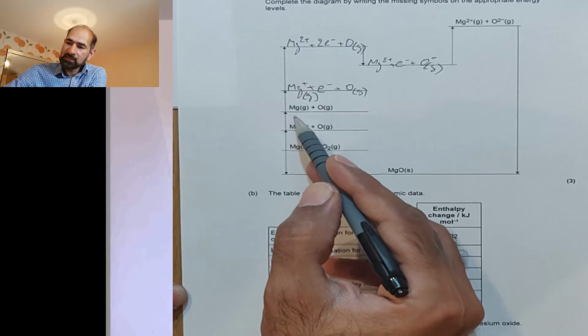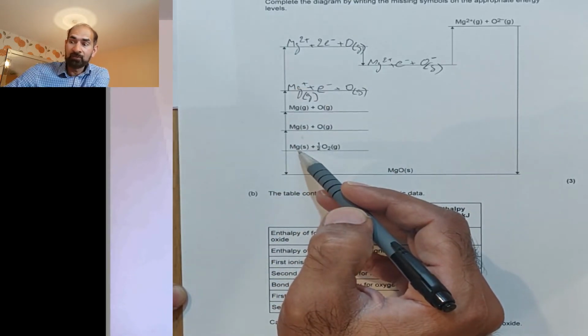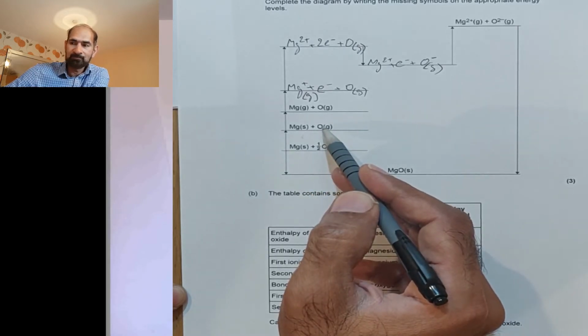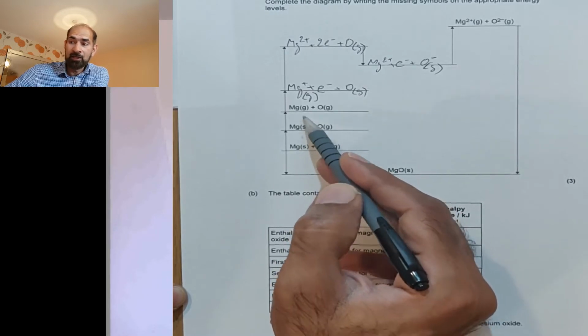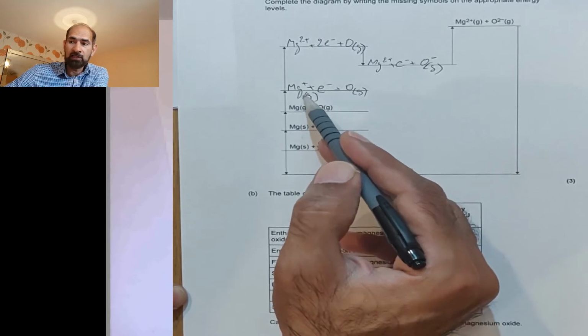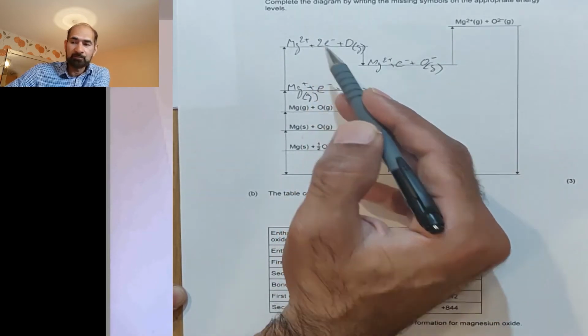These processes take in energy. I've got to put in energy to break the metallic bond to make atoms. I've got to put in energy to remove an electron. I've got to put in a lot more energy to remove a second electron.